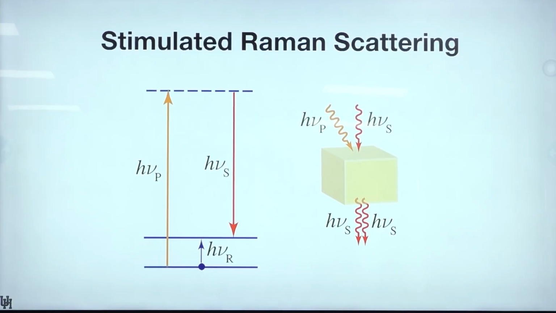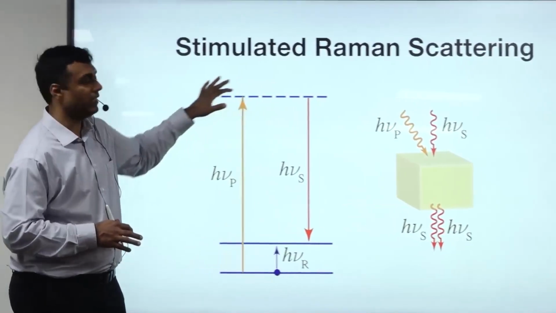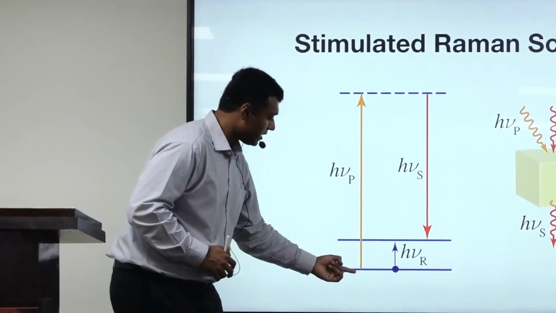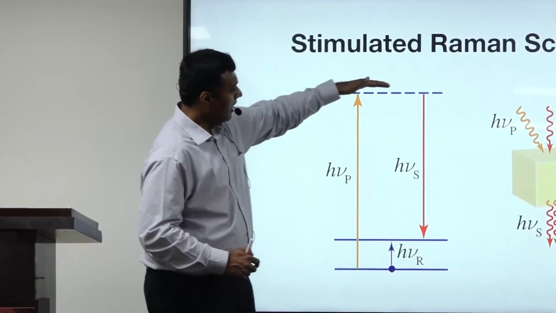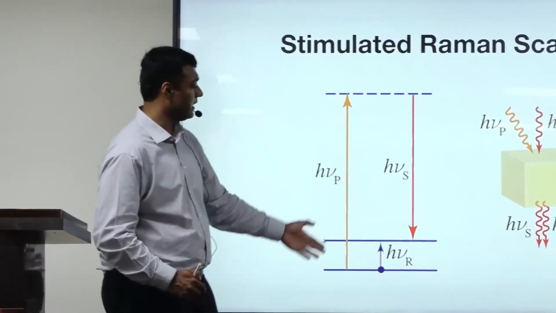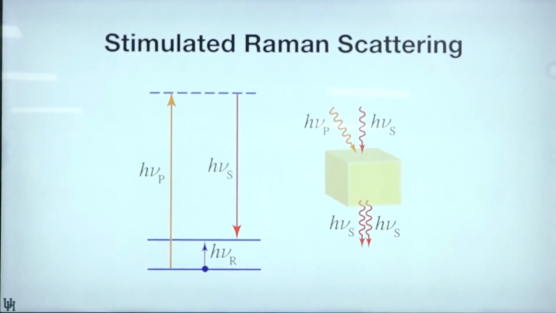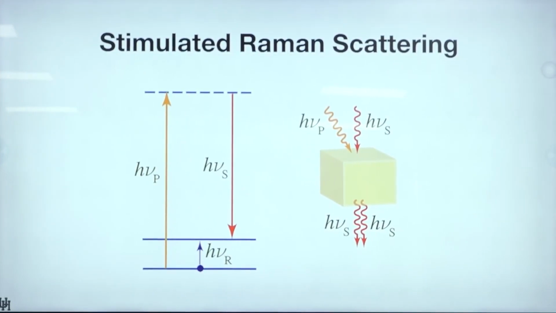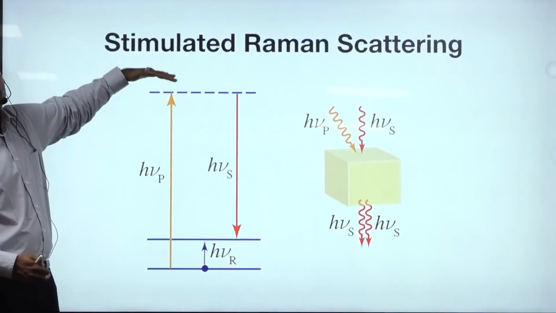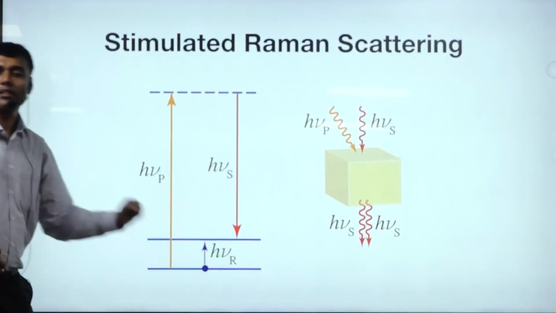We can use that principle, but instead of an actual electronic level, we have a virtual level in Raman. So you have a laser of this wavelength incident and another laser of this wavelength incident, like an orange and a red wavelength. Two different wavelength lasers are incident on the sample at the same time. One of them excites the molecule or atom to a virtual state, and the other one brings it down.